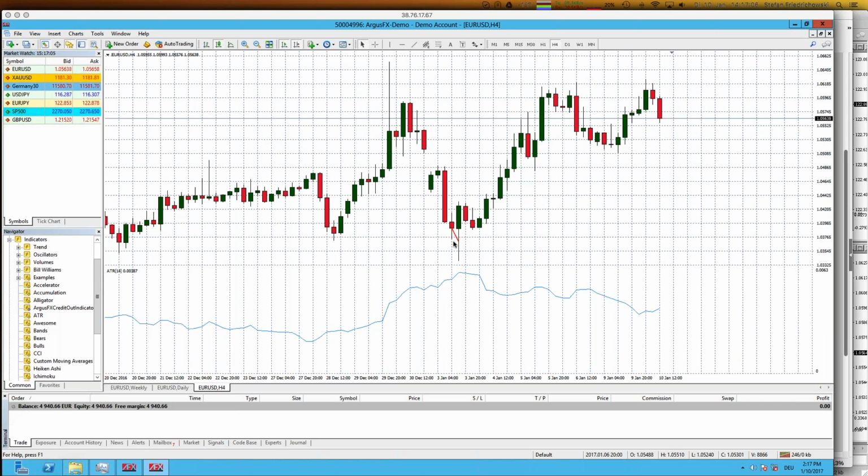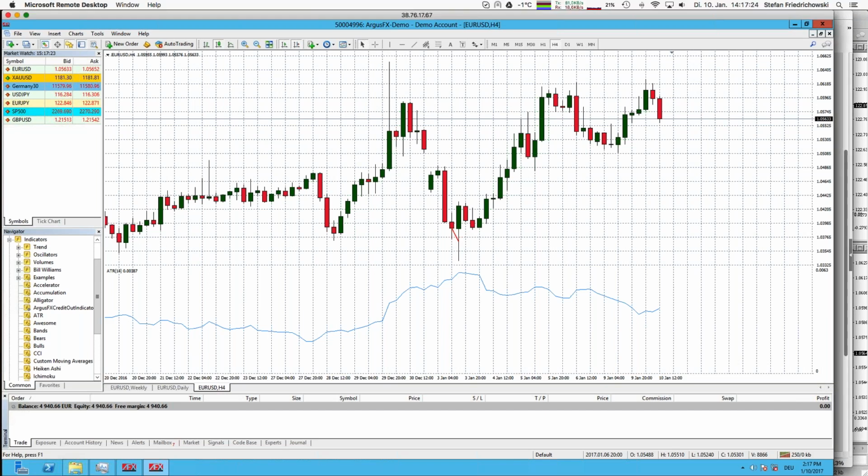But finally, we have two possibilities to set a stop loss. We can set our stop loss based on ATR values, or we can set our stop loss based on chart values. Chart values we took last week for our trade, and the chart value we have chosen for our trade was exactly here, that minimum, so this red line.